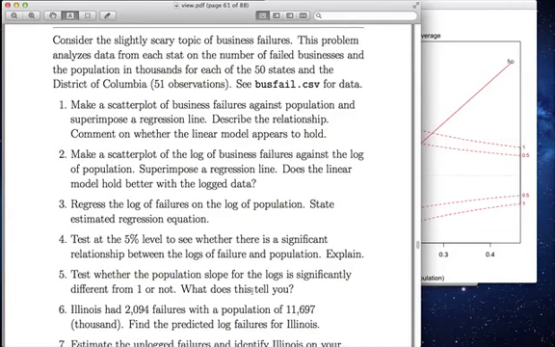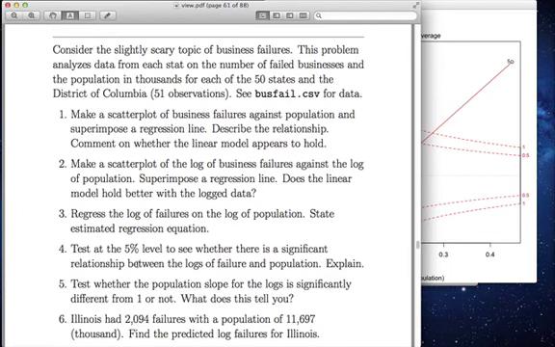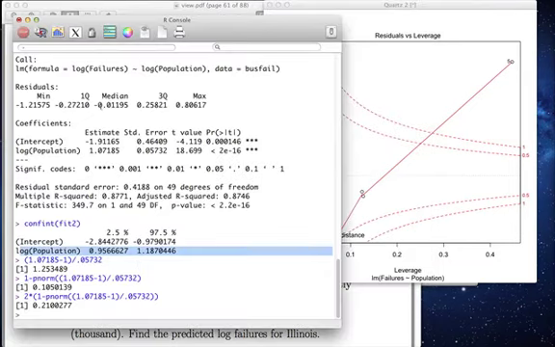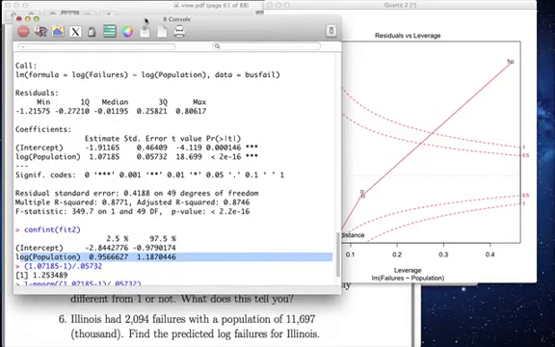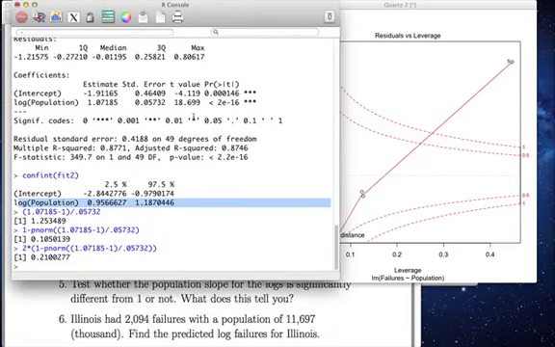Illinois had 2,094 failures and a population of 11,000 something. Find the predicted log failure for Illinois. So let's go back to R, and we can do this a number of ways. I suppose the simplest way would be to just look at the fitted values.